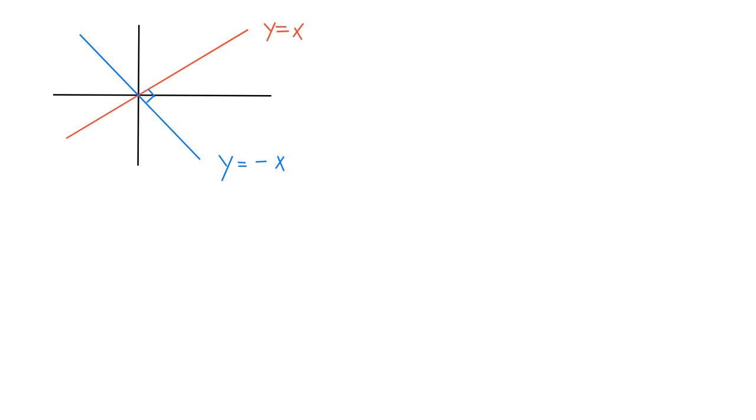So we have here y equals x, which is 1 times x. That's the one line. And the other line is y equals -1 times x. Now you have two perpendicular lines. The slope of the first line is 1. The slope of the second line is -1.